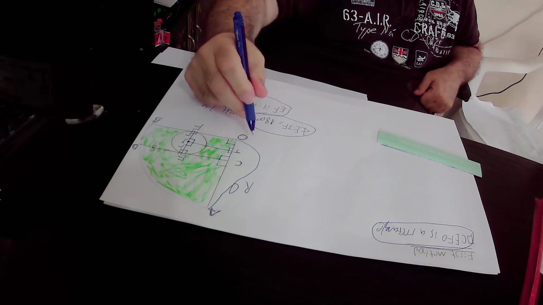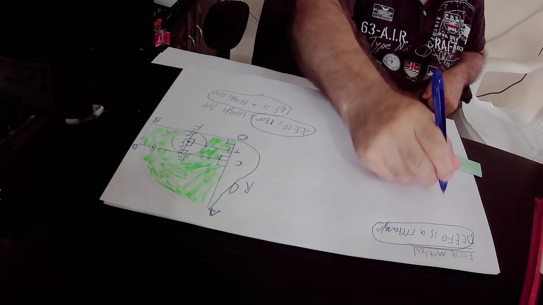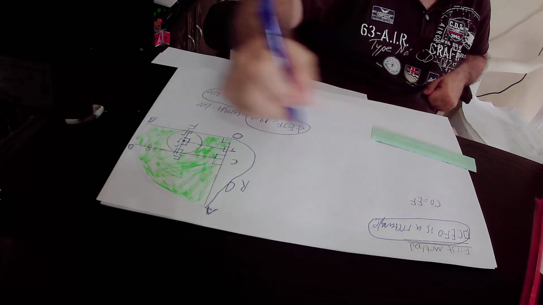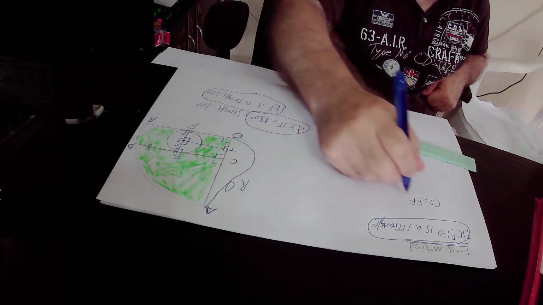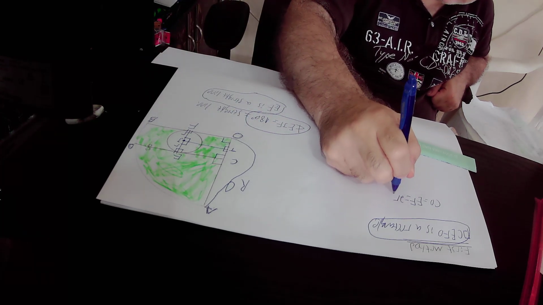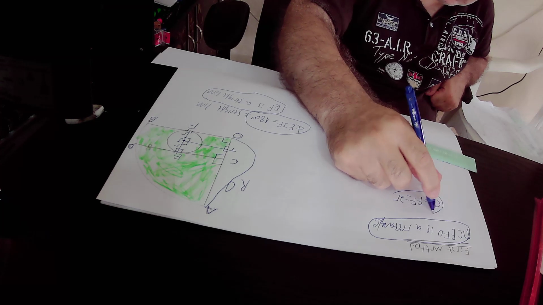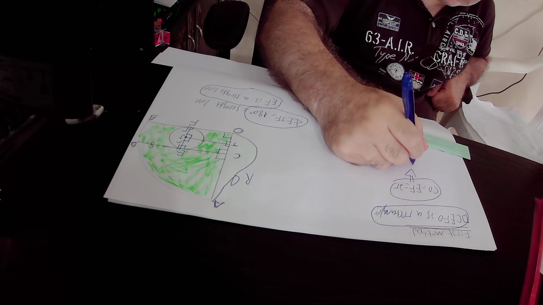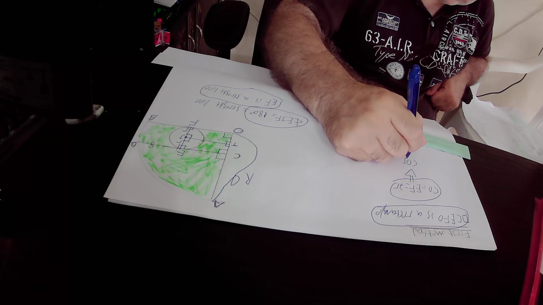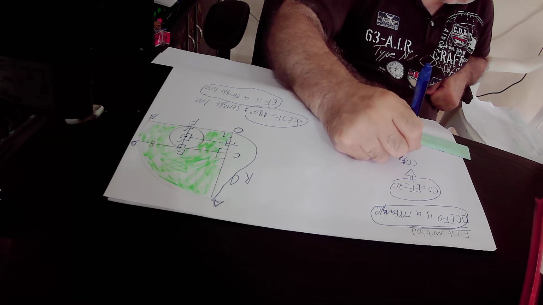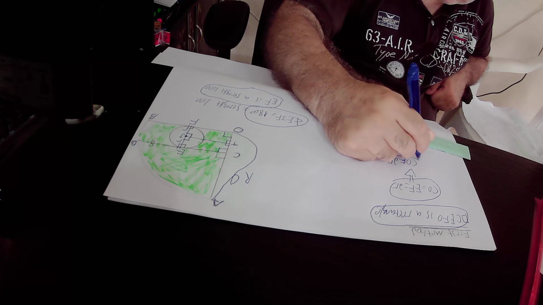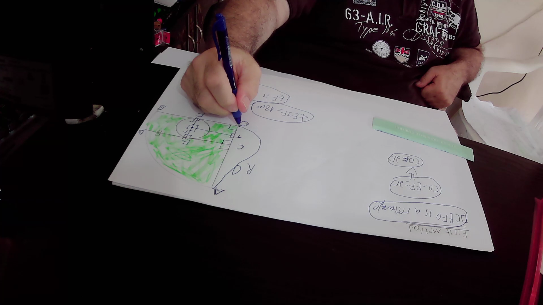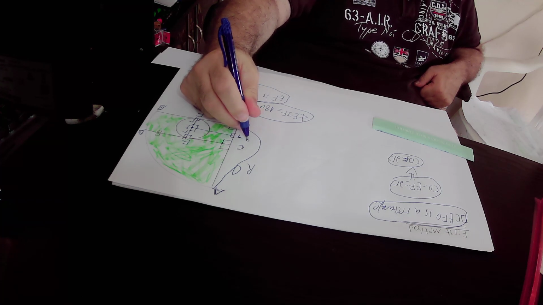That is to say, CO equals EF, but we have already found out that EF equals R plus R, that is 2R. And from this equation, CO equals EF equals 2R, we derive that CO equals 2R. So I found out here that CO equals 2R.